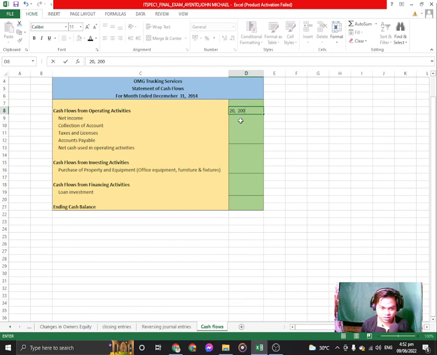And then the collections of accounts receivable, we have 77,000. Then the taxes is 5,300. In accounts payable, we have 6,000 pesos.